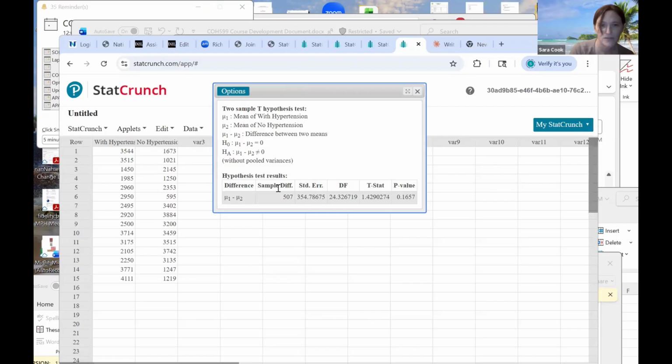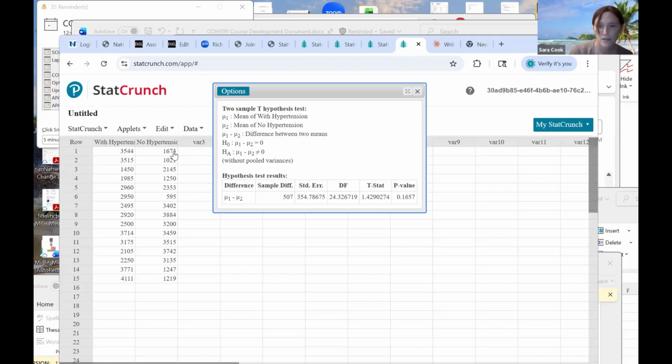So with hypertension. Yeah, okay. So the with hypertension group is actually slightly heavier than the no hypertension group because this minus this is a positive value. So the birth weights of the neonates are actually a little bit heavier for the mothers who have hypertension.